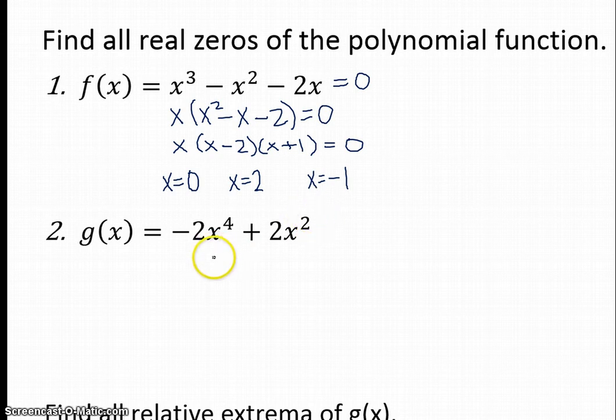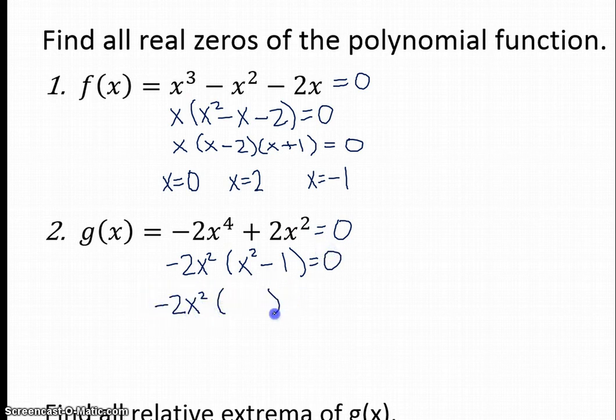Down here, when I set this equal to 0, I can factor out the negative 2x squared, and I'm left with x squared minus 1 equals 0.